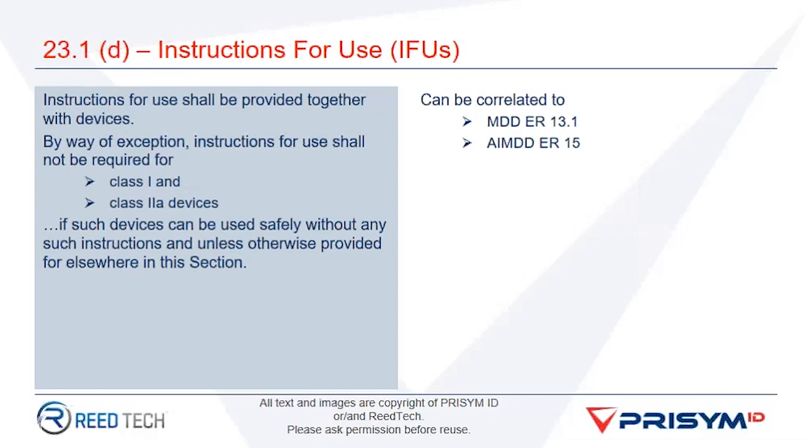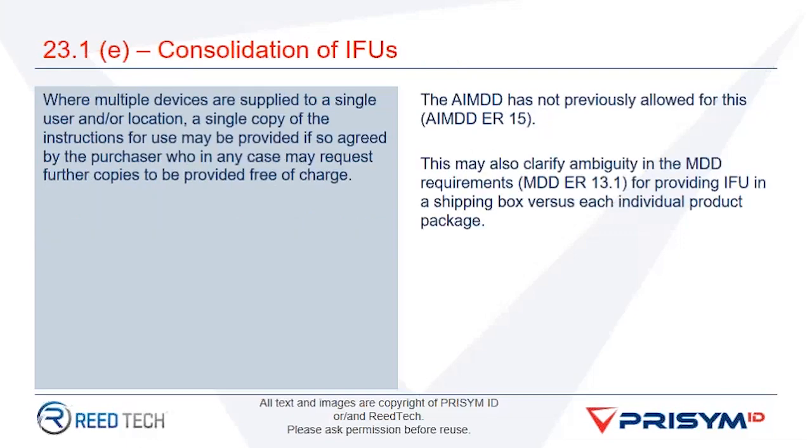So the requirement for inclusion of IFU is not new, and again, this aligns with the previous requirements. But where we do see some changes is how you include the IFUs. In recognition that a large number of IFUs are superfluous and just generate unnecessary waste, the regulations now allow you to supply a single copy of the IFU.